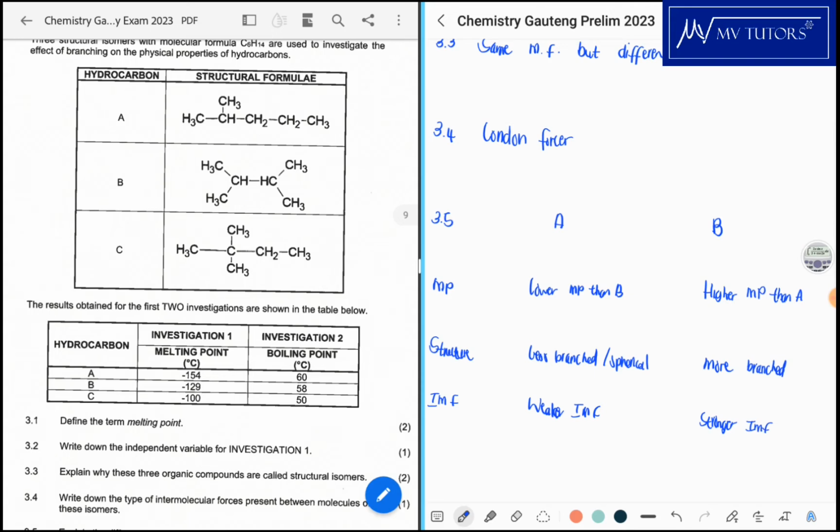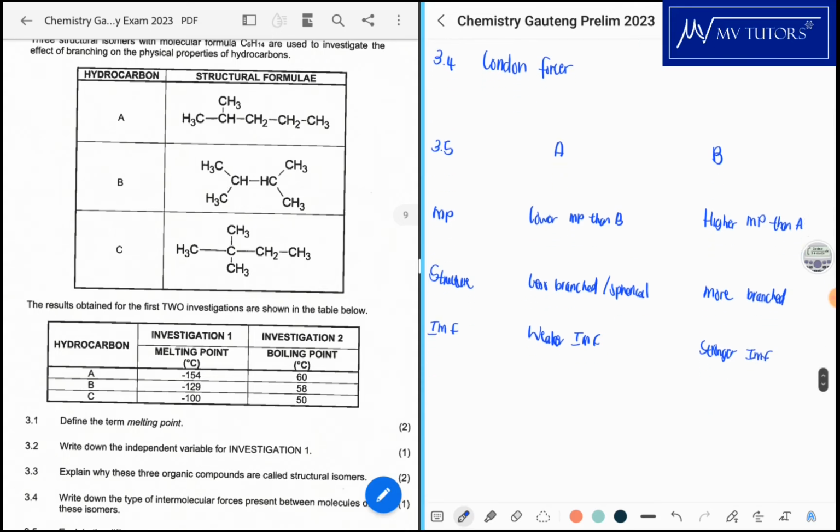All right, and if we were to also look at the energy needed to overcome the intermolecular forces, we could say because A has a lower melting point, it means that it has weaker intermolecular forces, therefore we need less energy. Okay, so less energy is required to overcome the intermolecular forces.